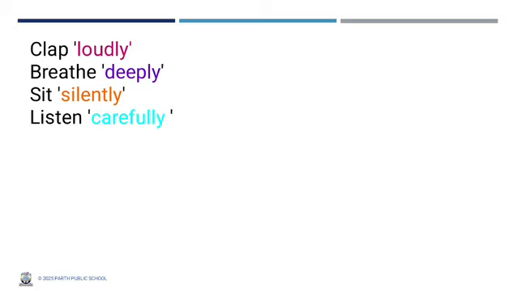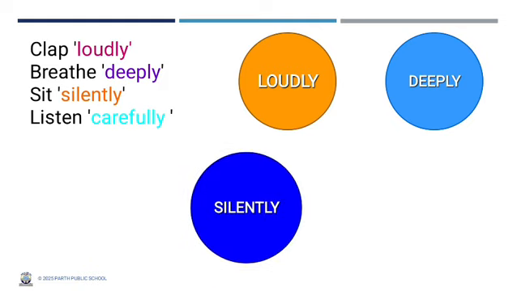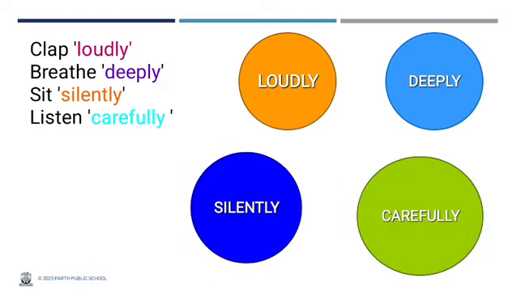So, here is a small activity for all of you. Are you all ready? So, here we go. All of you, clap loudly, breathe deeply, sit silently, listen carefully. So the words like loudly, deeply, silently, carefully, all these words show us how the action is performed.